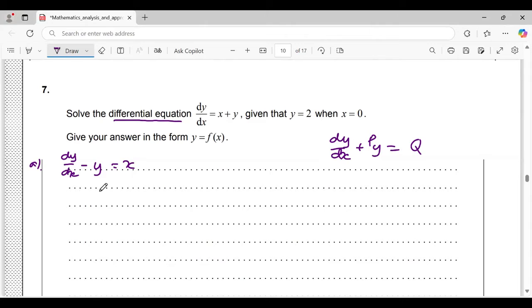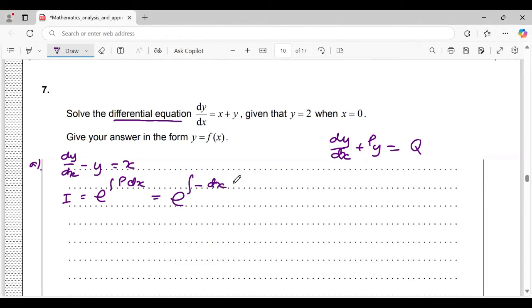So through an integrating factor, I would like to multiply by I, but I'm going to find I first. I equals e power integral P dx. P equals minus 1, so integral of minus 1 dx.